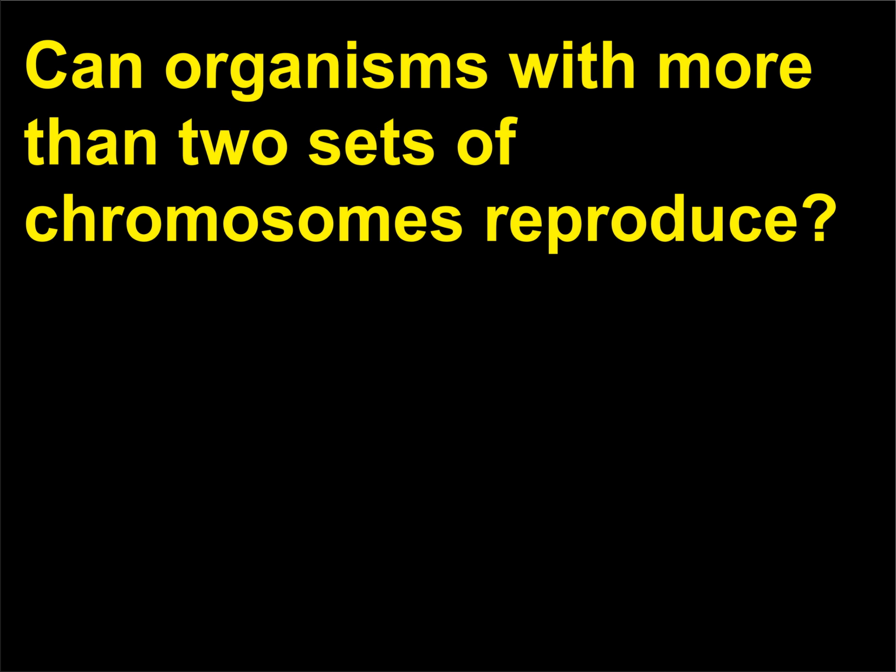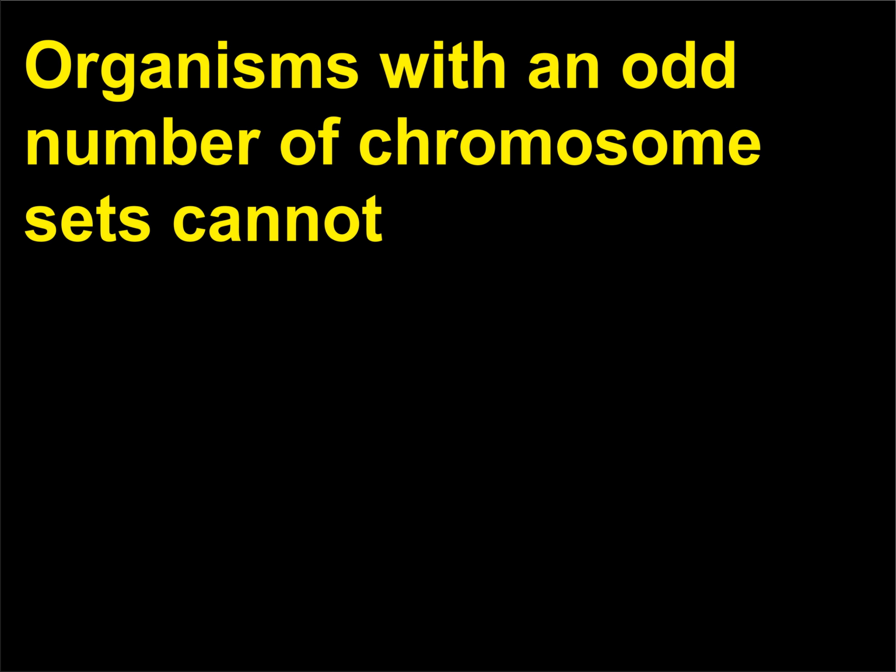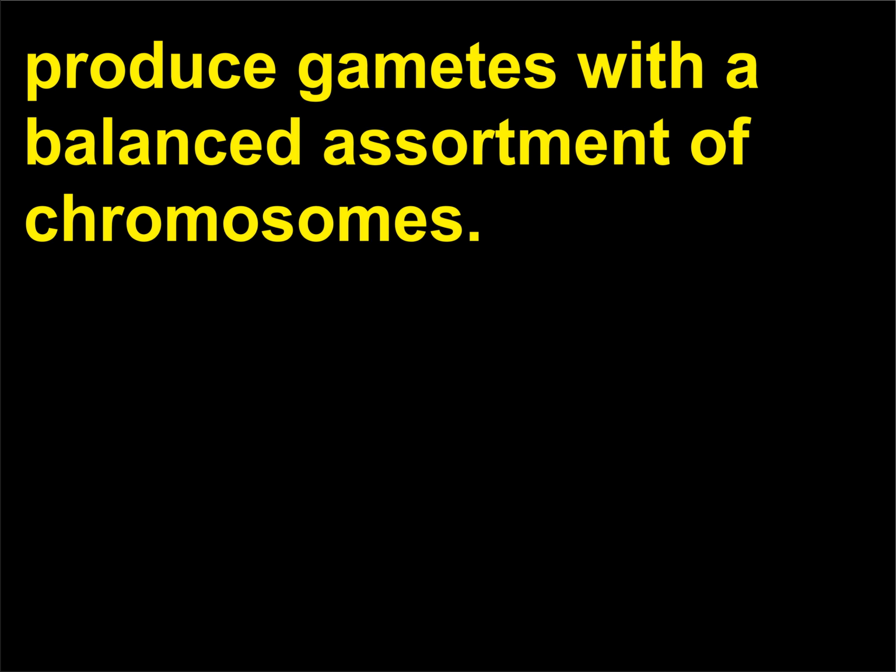Can organisms with more than 2 sets of chromosomes reproduce? Organisms with an odd number of chromosome sets cannot produce gametes with a balanced assortment of chromosomes.